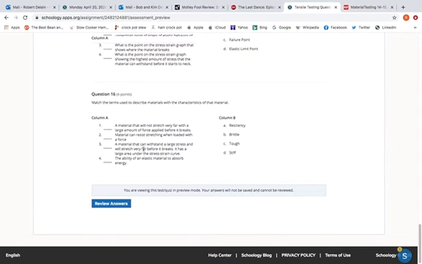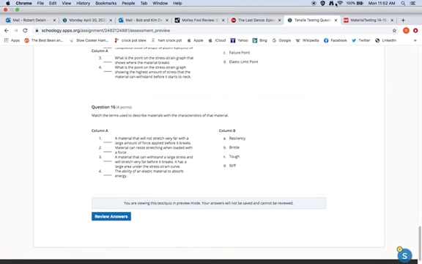Number 3, a material that can withstand a large stress and has a large area underneath the stress strain curve. We call that tough. And ability of an elastic material to absorb energy is resiliency. So those are your answers to this part 2 of your tensile testing questions from April 21.